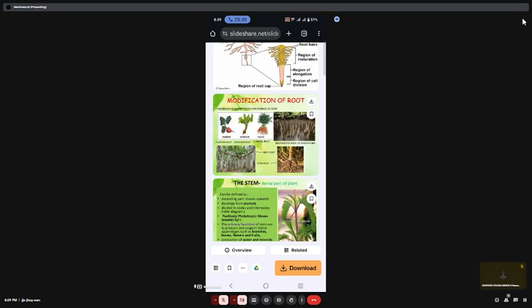Later they produce roots, stems, leaves. These plants are biennial, living for two years. In the first year they produce roots, stems, leaves, and the flowers, fruits and seeds are produced in the second year.